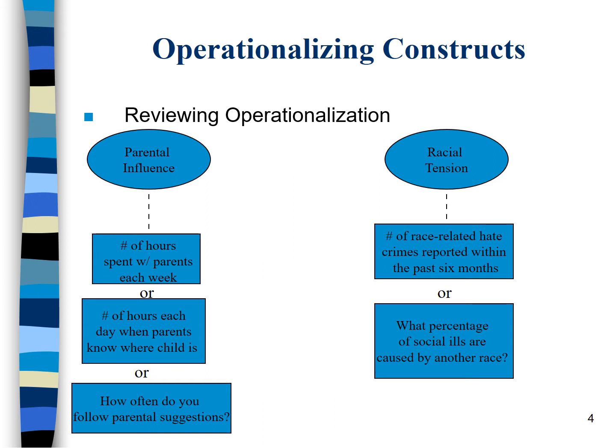So let's go through each one of these things again and look at some of their strengths and weaknesses. So the first one, number of hours spent with parents each week. Obviously I think a lot of us would agree that the more time you spend around your parents, the more time they're with you and you're talking with them, going through daily life activities, they are going to have an influence on you.